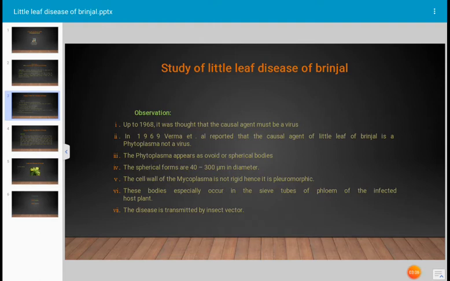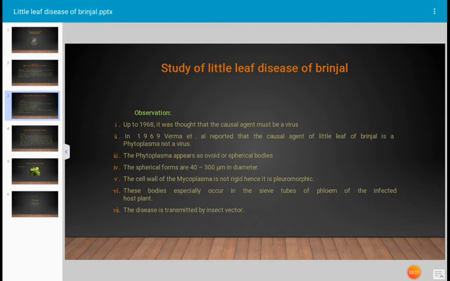Cell wall is not rigid. When the cell wall is not rigid, it can change its shape many times. It occurs in different forms because there is no cell wall. And these mycoplasma bodies especially occur in the sieve tubes of phloem.